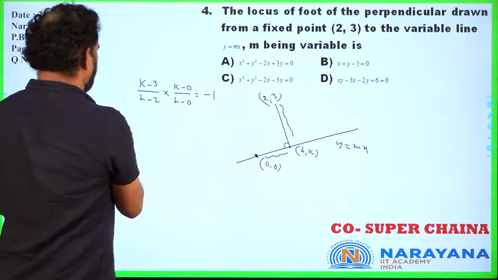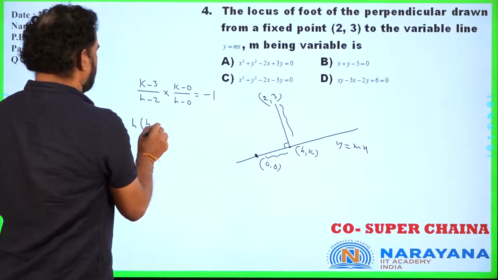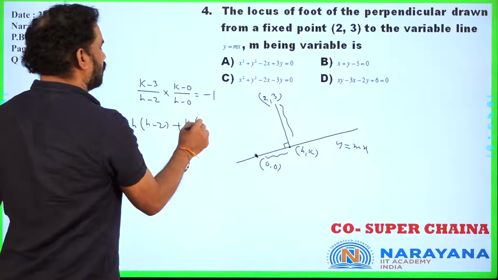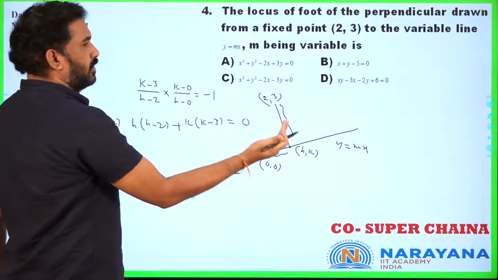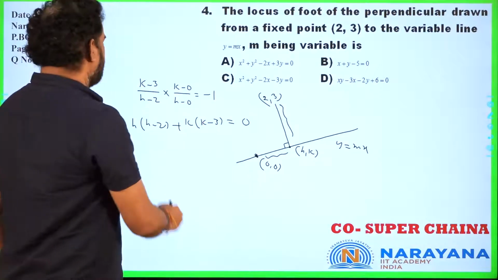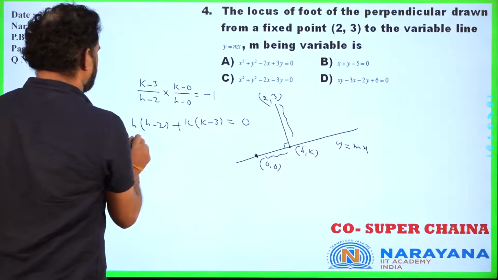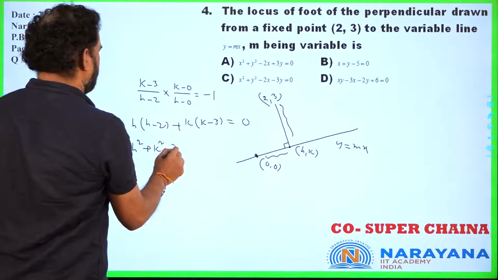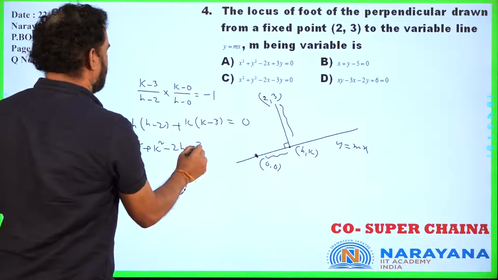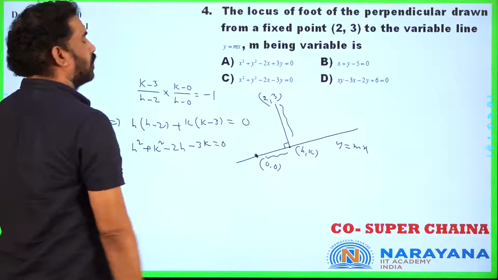So this implies h(h minus 2) plus k(k minus 3) equals 0. Cross multiplying and moving to the left side, after expanding we get h square plus k square minus 2h minus 3k equals 0.